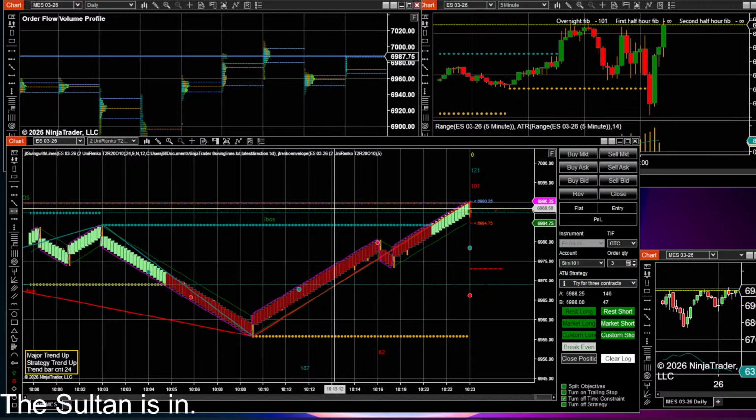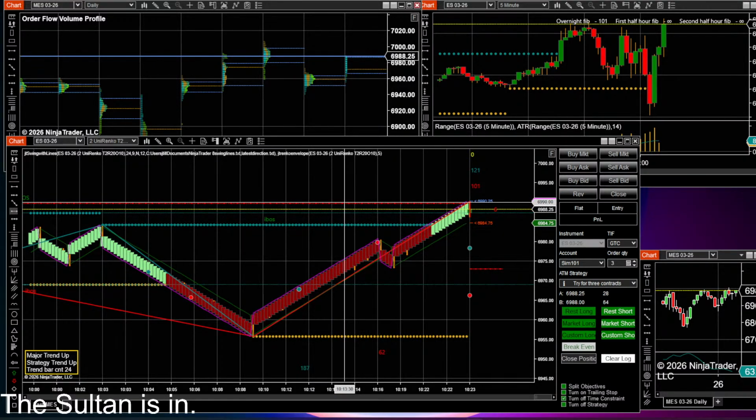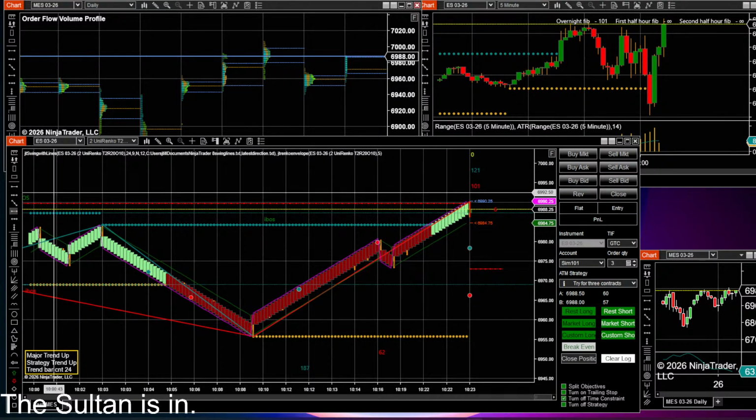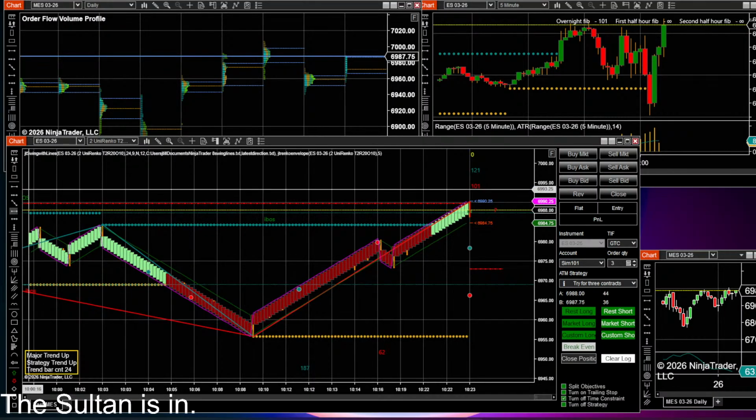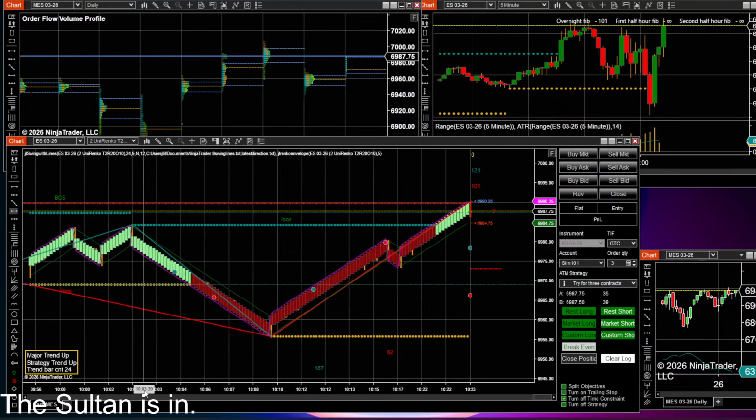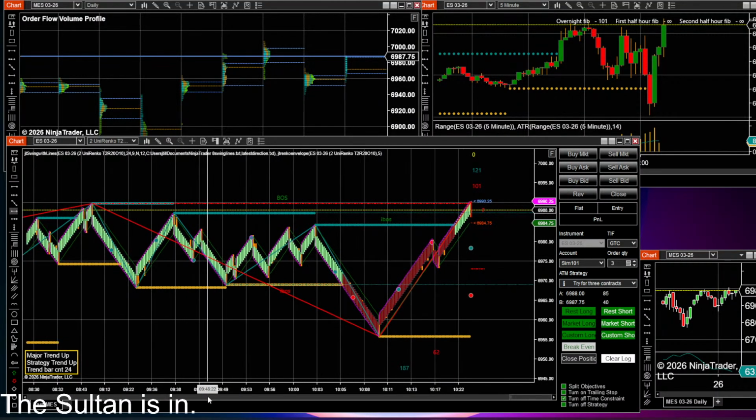So this dash dot line here is an indication of the break of structure, which happens to be way over here. If I pull this back a bit, you'll see that it actually happened right here.